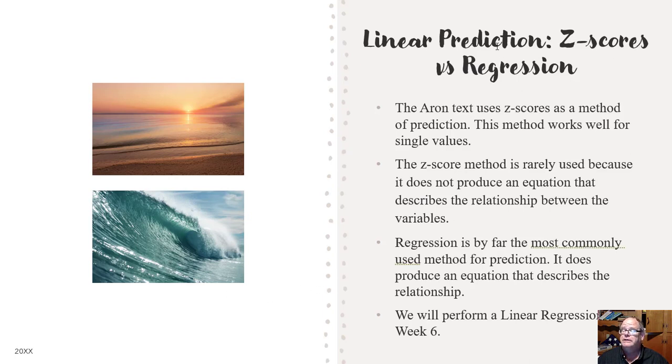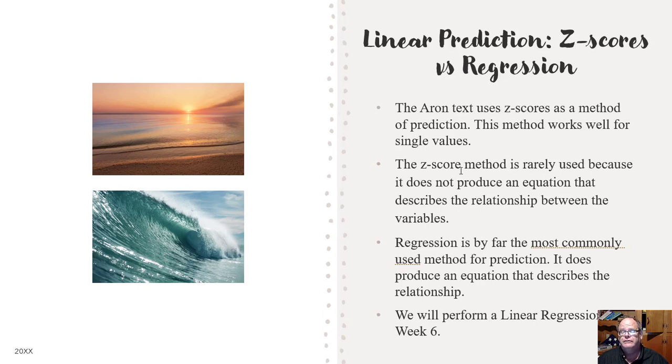Linear prediction. So now we're getting into kind of a conversation about regression here. Z-scores versus regression. The Aaron text uses z-scores as a method of prediction. This method does work well for single values of a variable, all right?